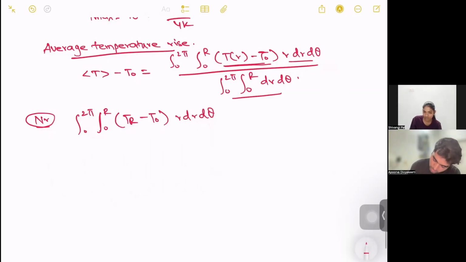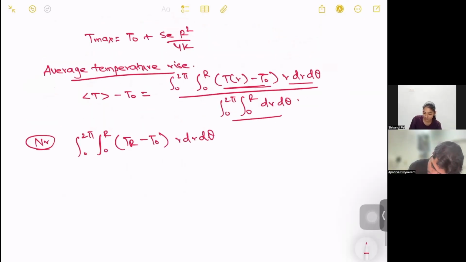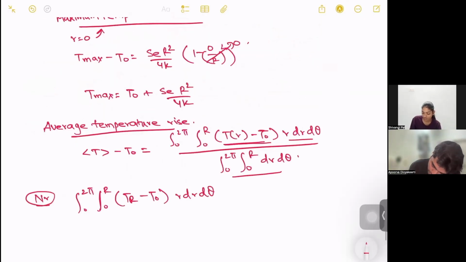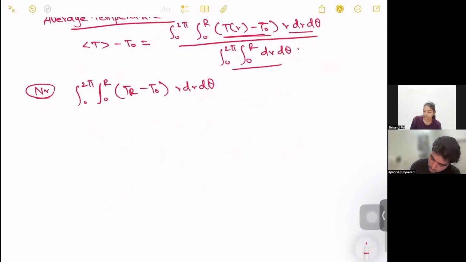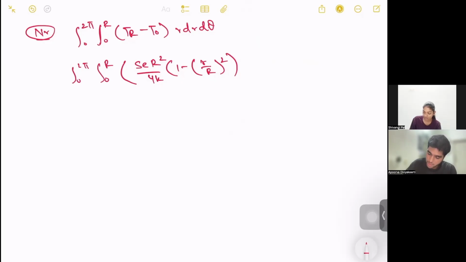We know the relation: T minus T naught is S_E R square by 4k into 1 minus r by capital R whole square, into r dr d theta.